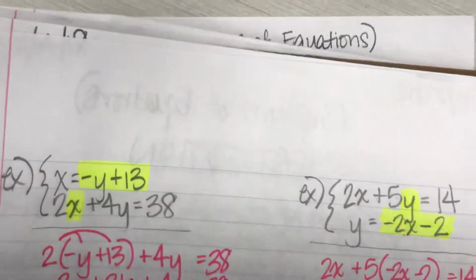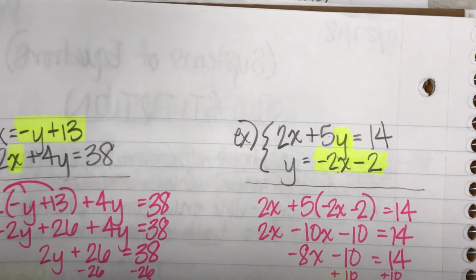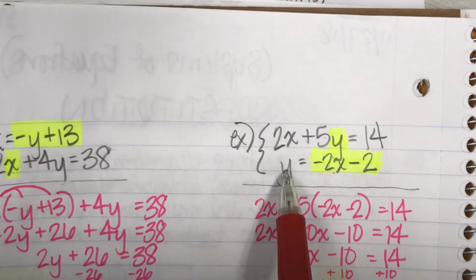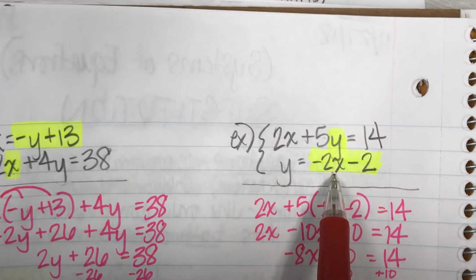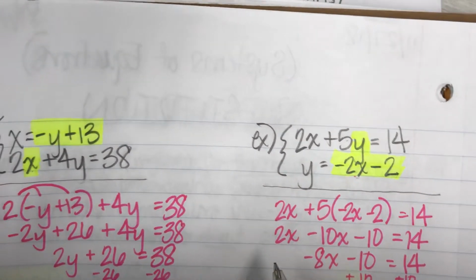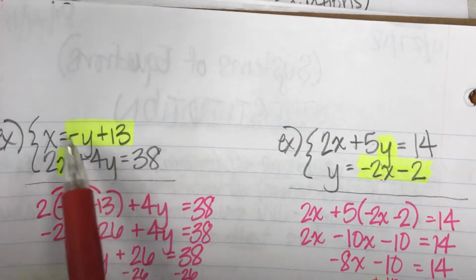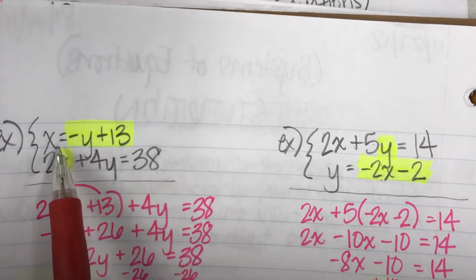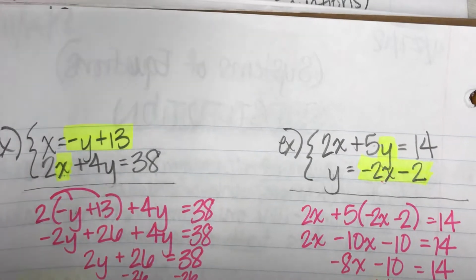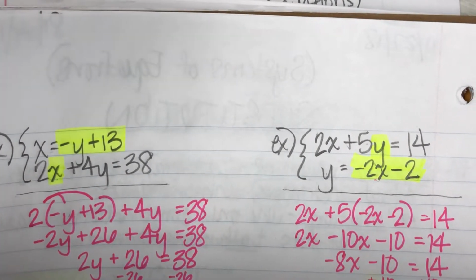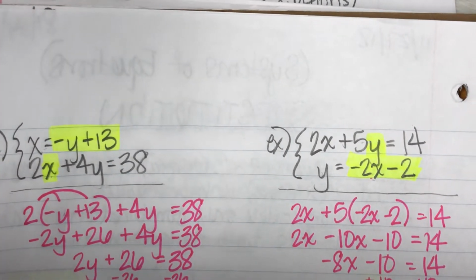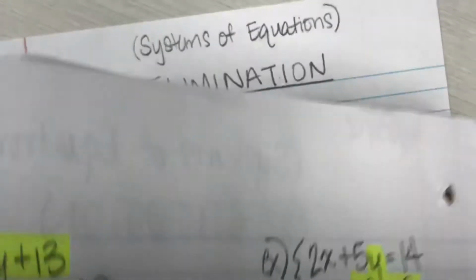Well, in the problems that were set up for substitution, you don't see that happening. Your x's and y's aren't lined up, and they don't cancel each other out, okay? You end up with an x and a 2x, a negative y and a 4y. They're not canceling each other out. The equal signs are all out of whack, okay? So that's why we had to learn this, or we couldn't have just used this method all along, all right?